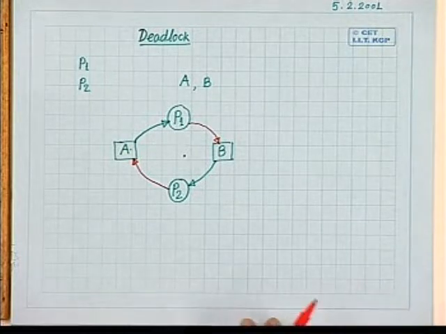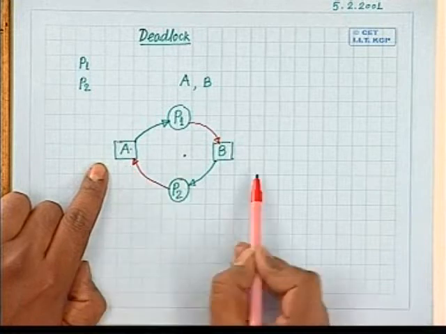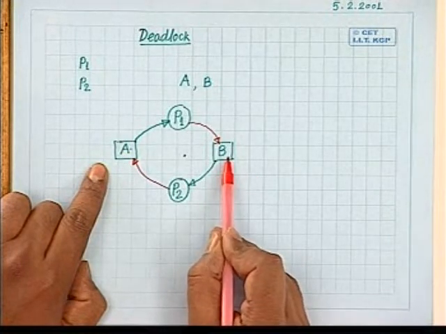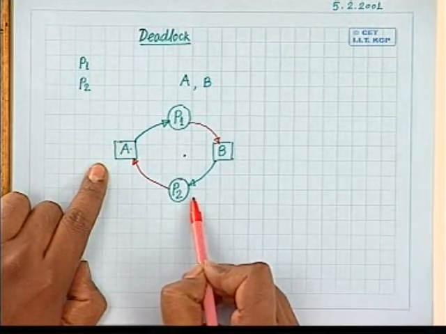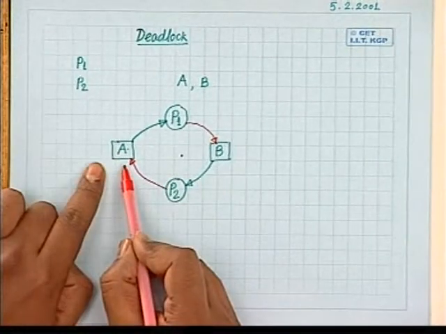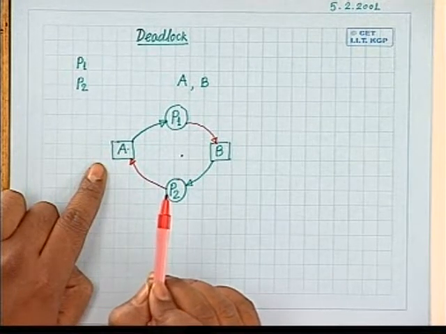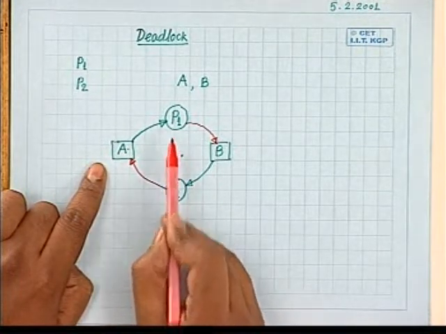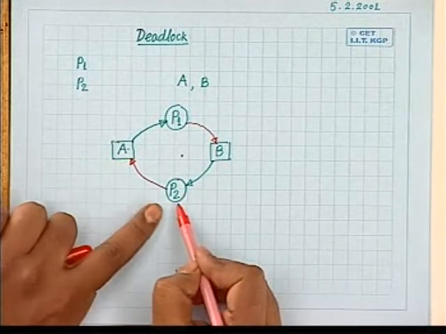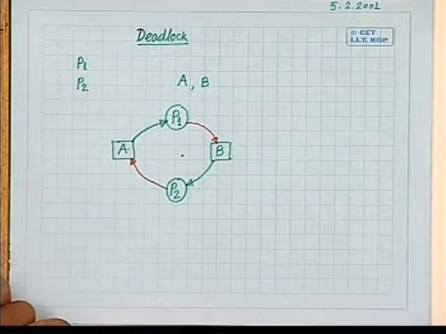So you find that we have a funny situation, that P1 has acquired A, waiting for B, which can be released only by P2 after its completion. P2 has acquired B, waiting for A, which is to be released by P1 after its completion. P1 cannot complete until and unless it gets B. P2 also cannot complete until and unless it gets A.